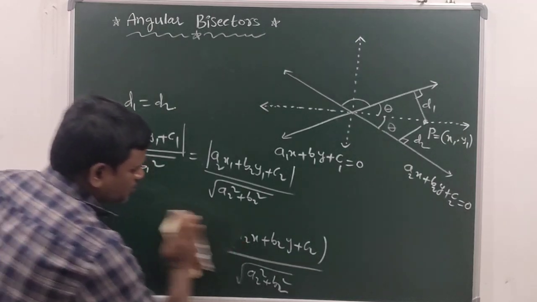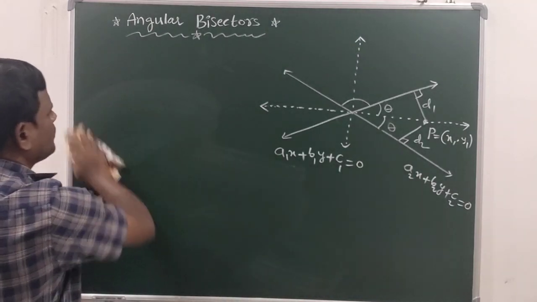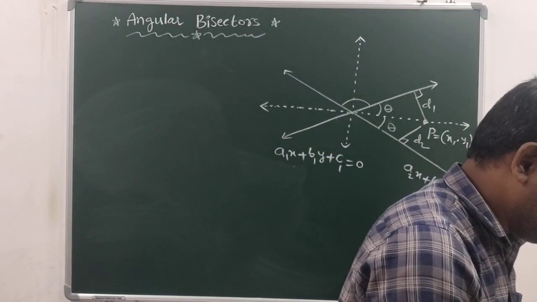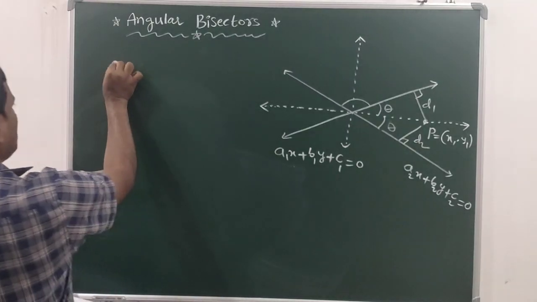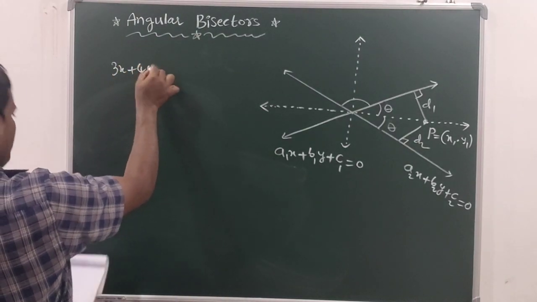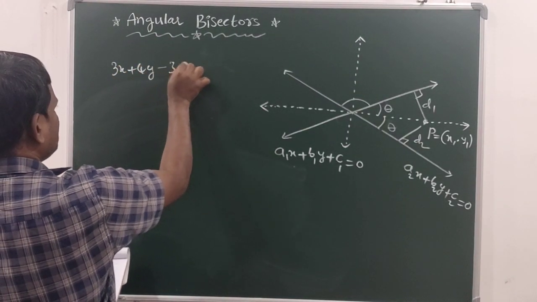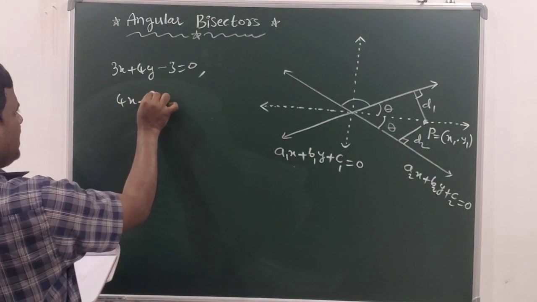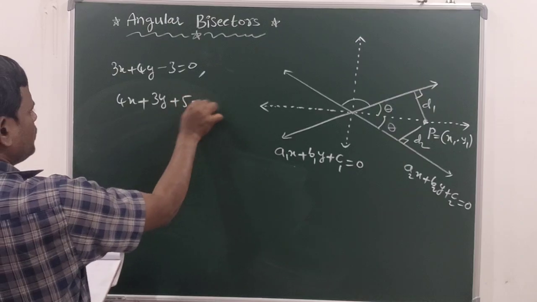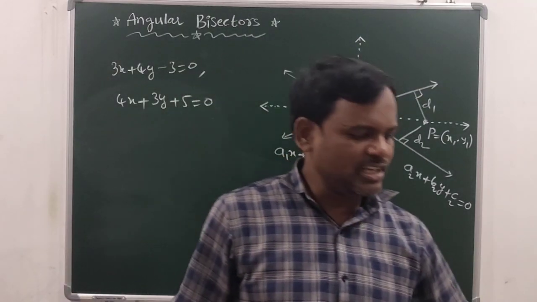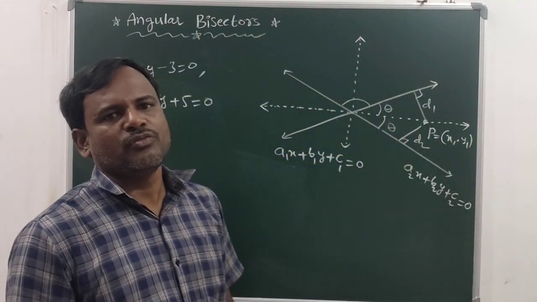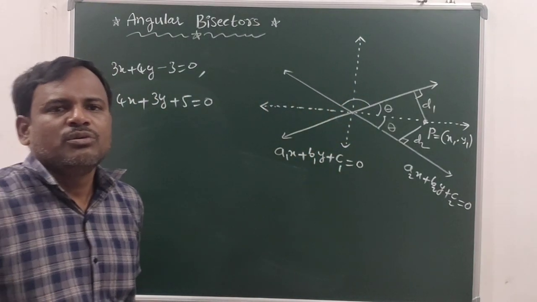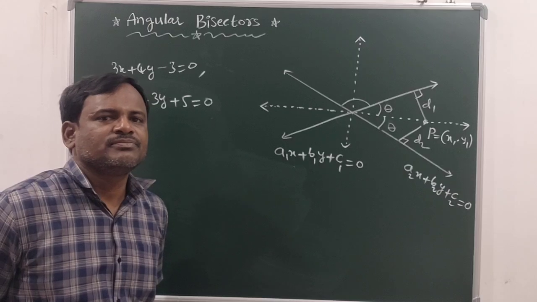Now let us see one small application. Two line equations are given as 3x + 4y - 3 = 0, and the other is 4x + 3y + 5 = 0. Two line equations are given and we are asked to find their angular bisector equations.